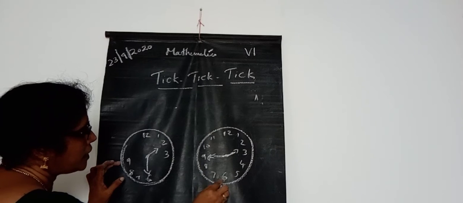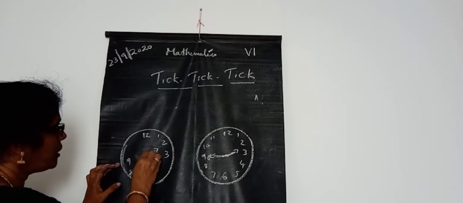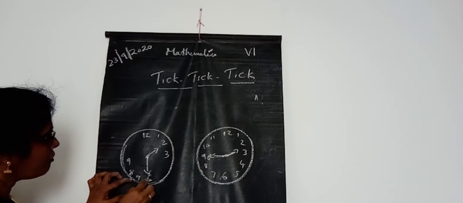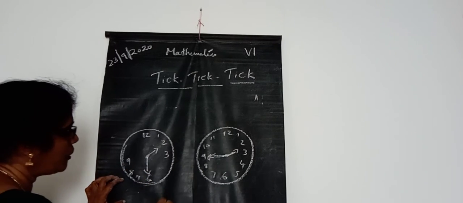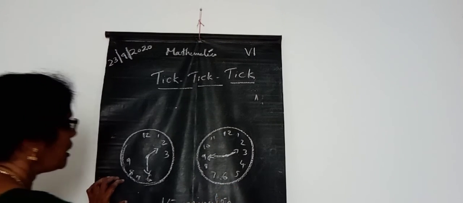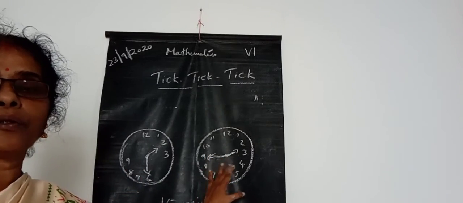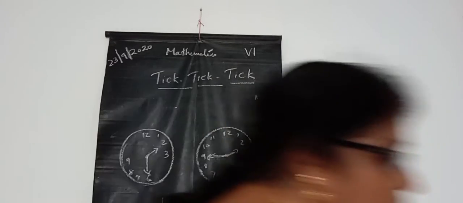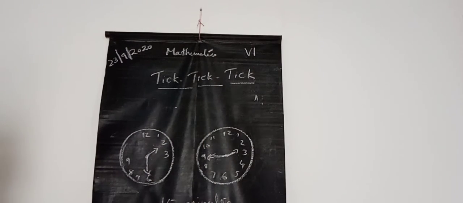That means from here to here 5 minutes, here 10 minutes and here 15 minutes. The time taken from 2:30 to 2:45 is 15 minutes.